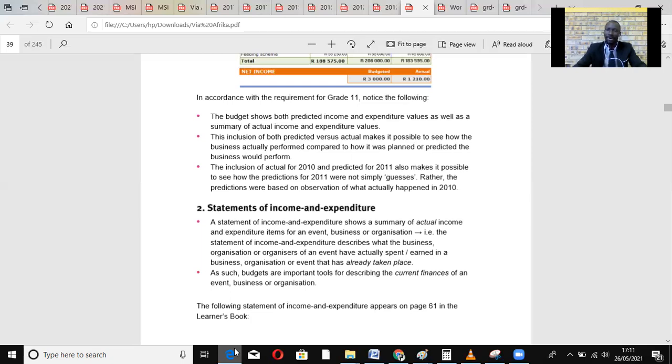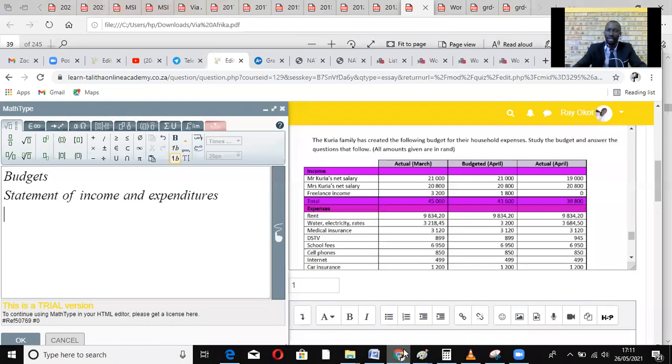Now, this discussion of budgets and statement of income and expenditure will lead us to an activity. Here is one activity about a family. I'm going to read through the whole question.